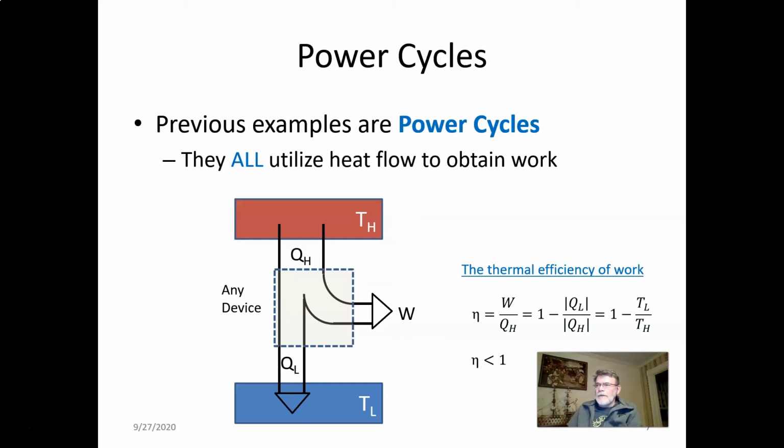So the efficiency of a Carnot cycle depends only on the absolute temperatures of the two reservoirs between which heat transfer takes place. That's the hot temperature reservoir and the low temperature reservoir.